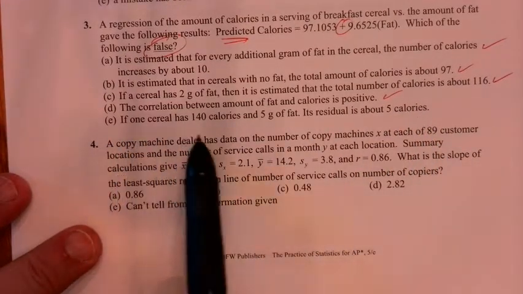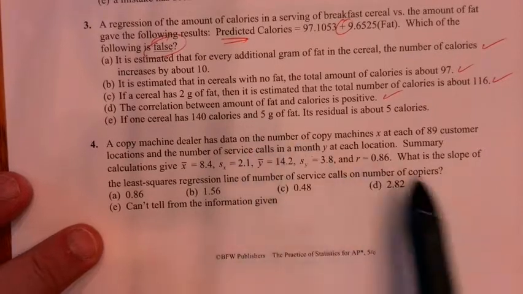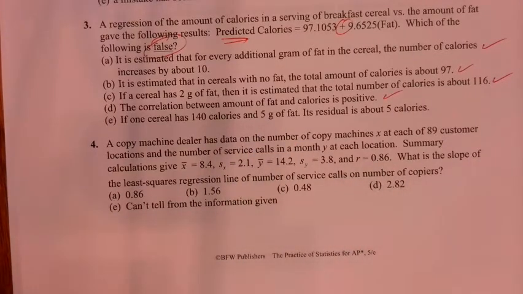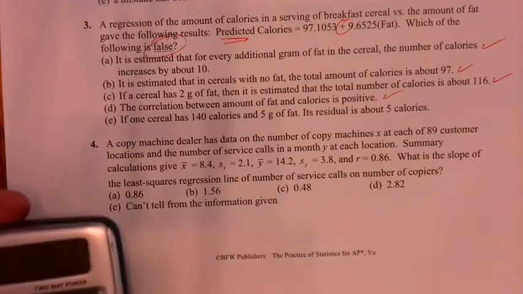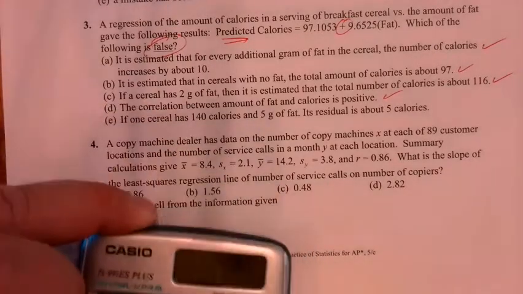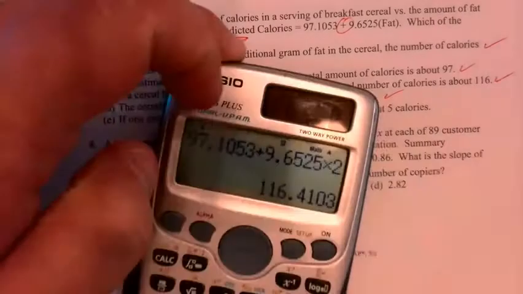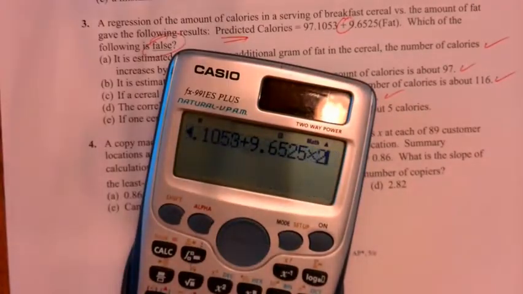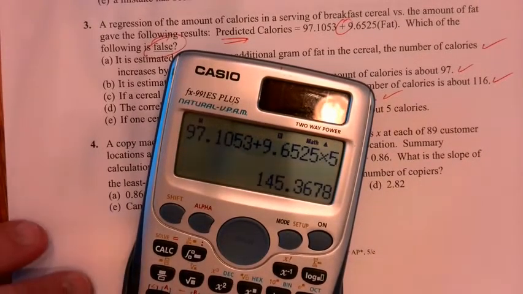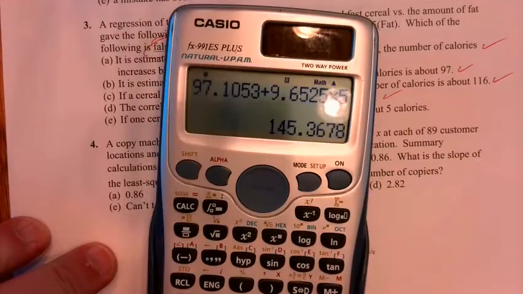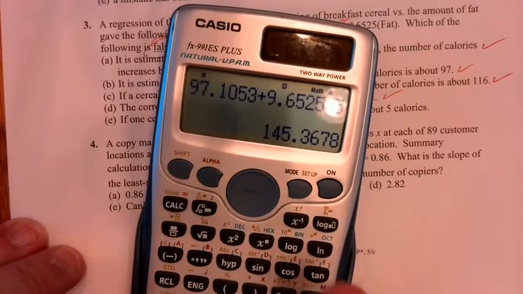If one cereal has 140 calories and 5 grams of fat, its residual is about 5 calories. Well, if I put 5 in there, I would predict this to be 145.36.